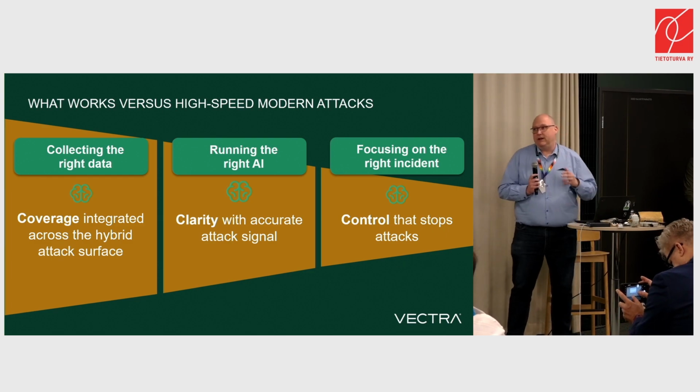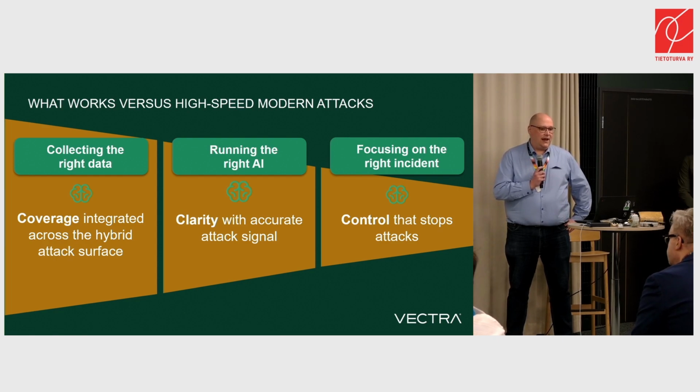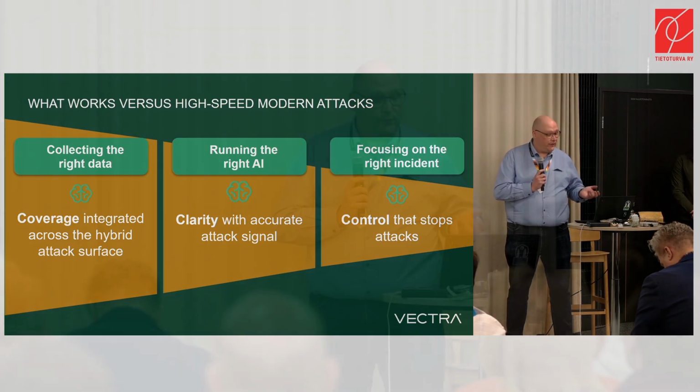The middle part is about the AI and the running of the AI. The way that we see that we need to do these types of things is to use AI. When we have all that data collected from all these different sources, we need efficient means of analyzing it for attacker behaviors.